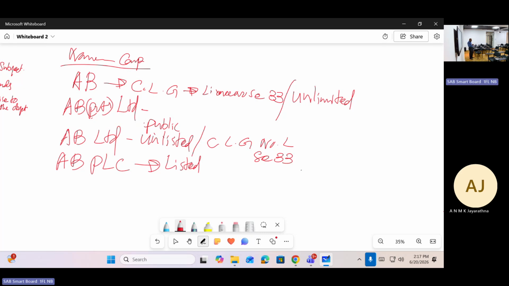Then, when we consider these different types of companies, overseas companies are not incorporated in Sri Lanka. They are incorporated abroad, but they are doing business in Sri Lanka.